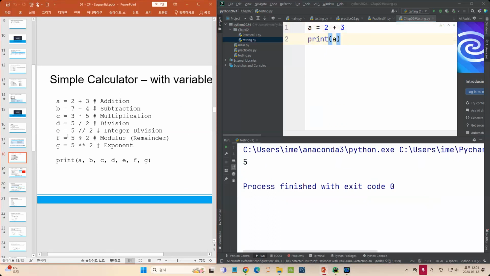So you can try with other variables like b equals 7 minus 4, c equals 3 multiplied by 5, and so on. Okay, we already did this one. But now the difference with the previous one is that it is using variables.